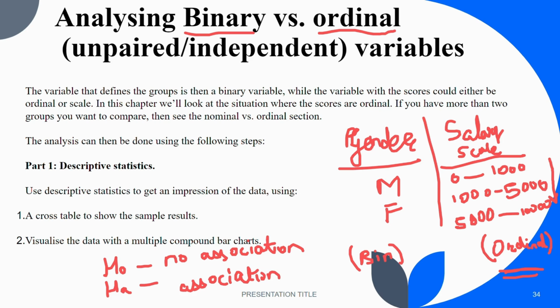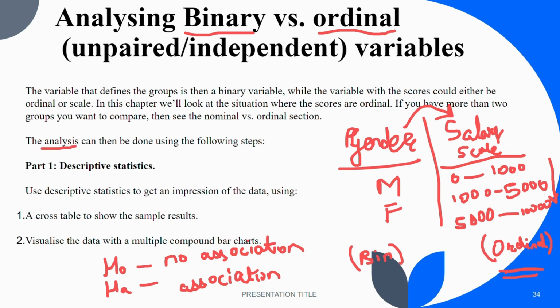So that is the goal of hypothesis testing. Does gender influence salary scale? Is there any relation or is there no relation? This is the null hypothesis and alternate hypothesis.